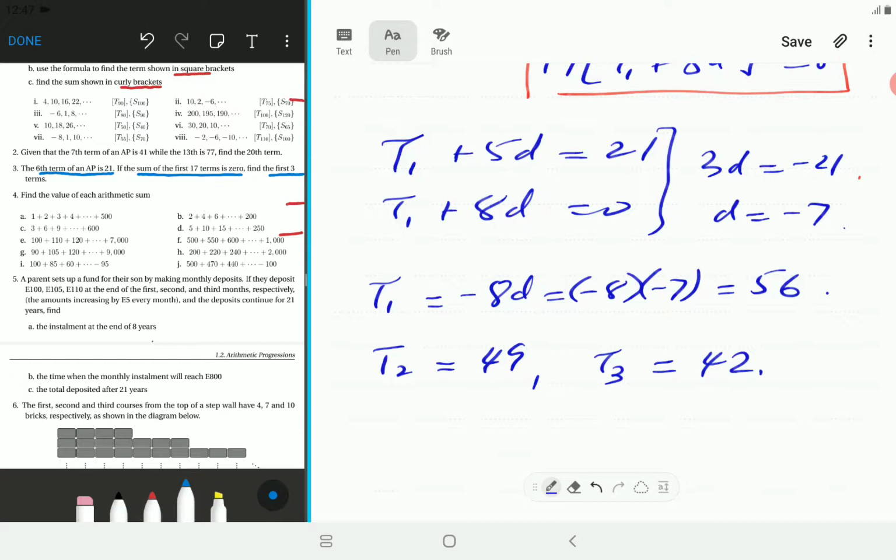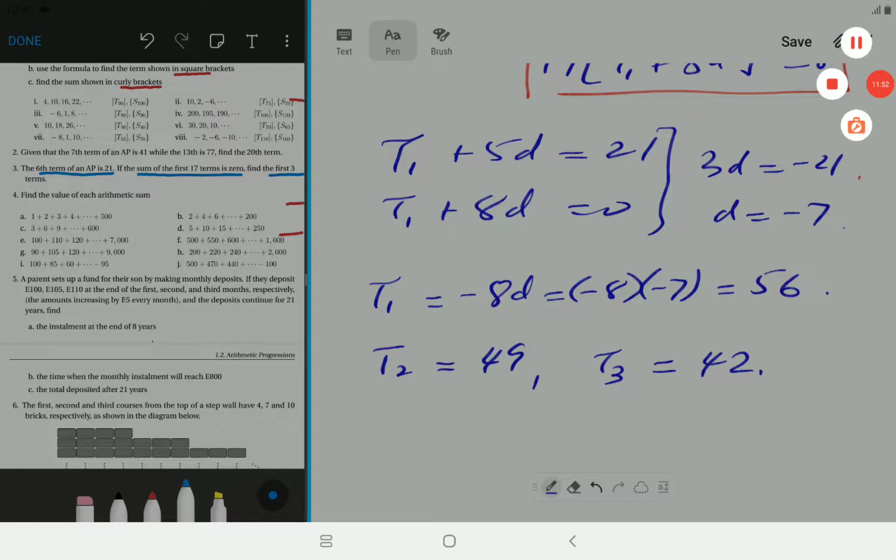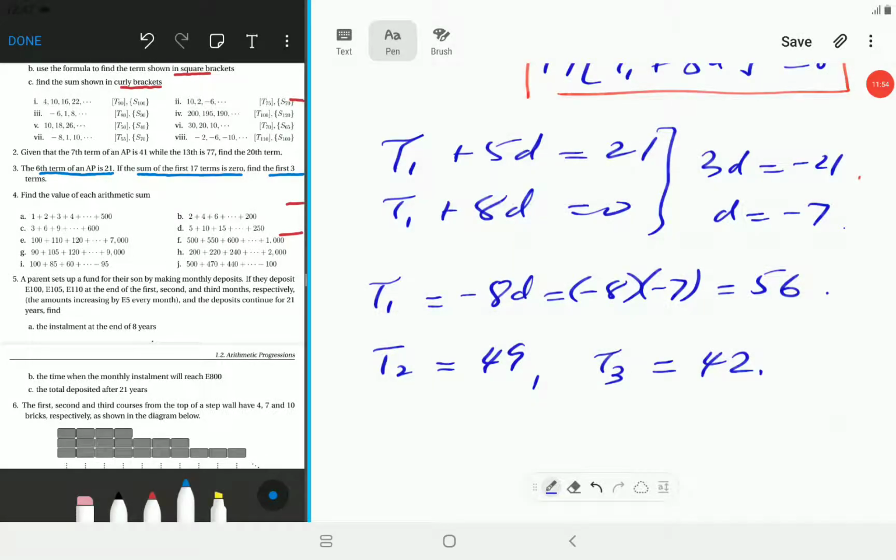All right. So that was number 3. What we're going to do now is go to number 4. In number 4, we're going to do 2 examples, and then we will give you 2 to do. All right.